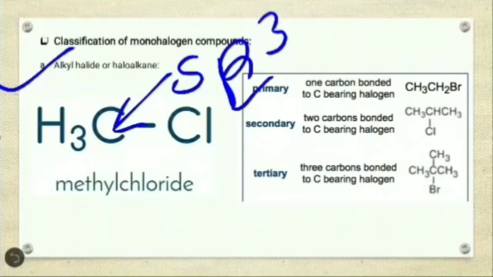Primary: one carbon is bonded to the carbon bearing the halogen. In secondary, to the carbon bearing the halogen there are two carbons attached. In tertiary, to the carbon bearing the halogen, three carbons are attached.